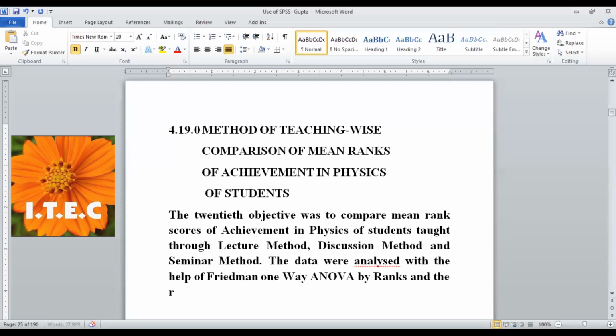And the results are given in Table 4.19.